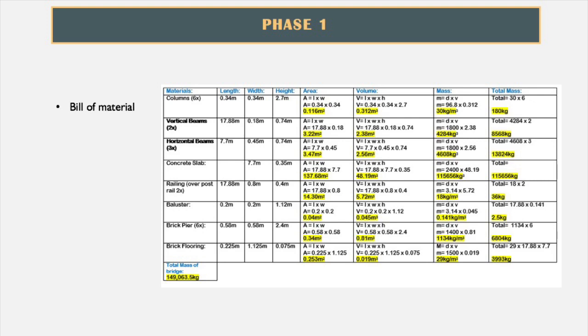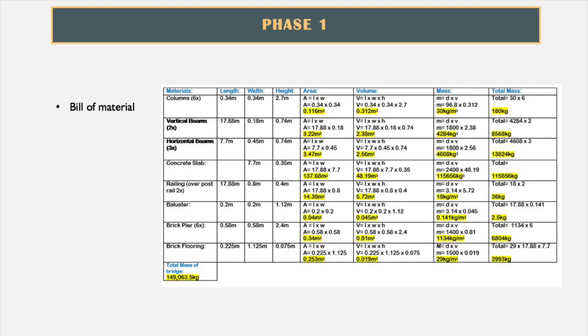For example, we had to find out the mass, and how you do that is density times volume for each material. After we had done that, we had to work out the total mass: you take the total amount from the mass, then multiply it by how many of each material you have to find out the total mass.